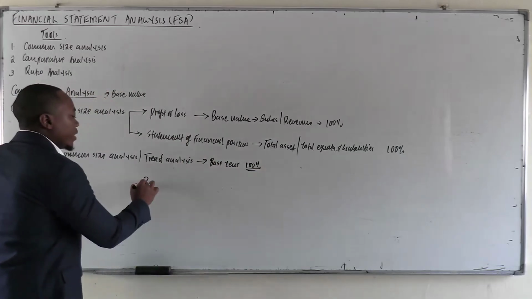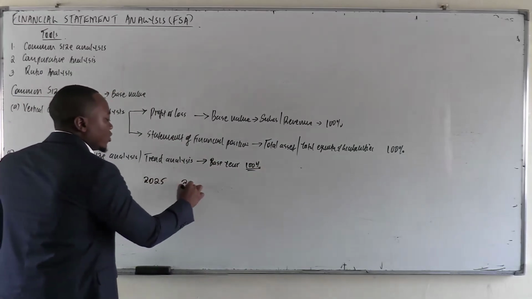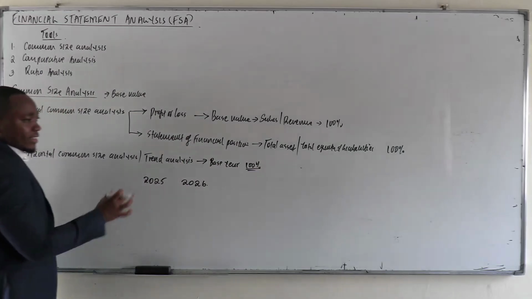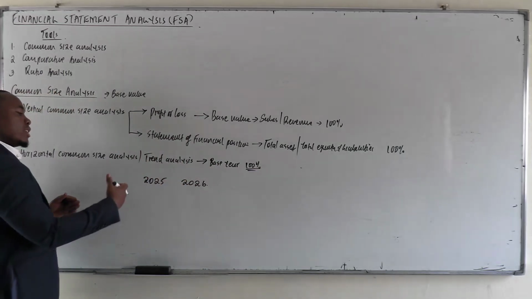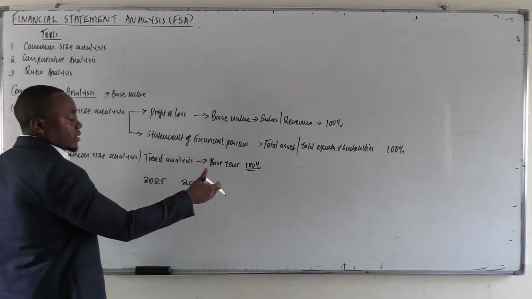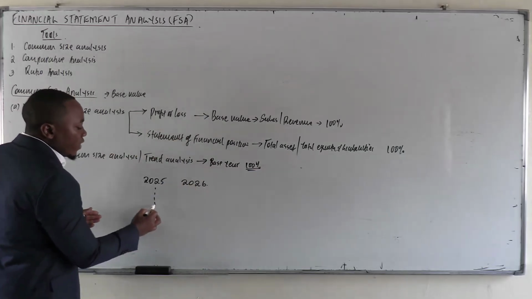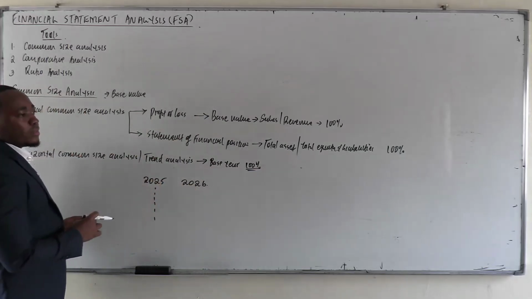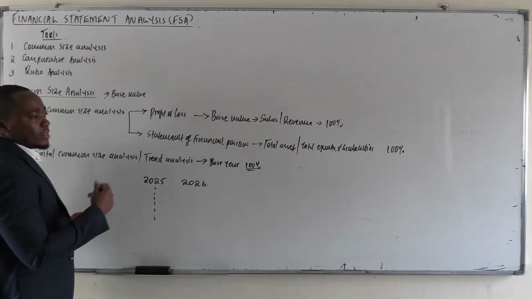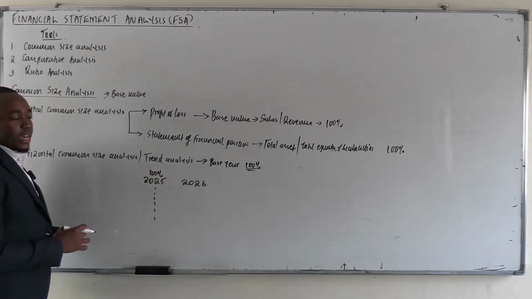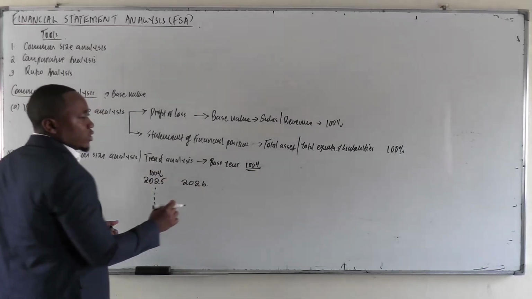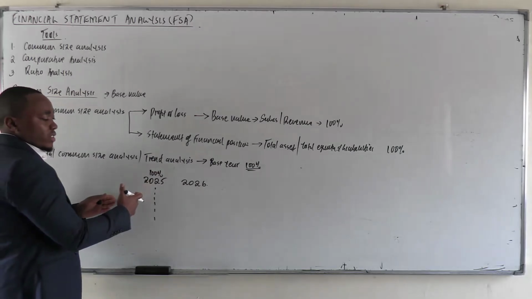So for example, you have 2025 and 2026. You don't move from 2026 to 2025, but from 2025 to 2026. All the items of 2025, be it income statement items or statement of financial position items, you hold as 100%, and then you express the ones for 2026 as a percentage of 2025.